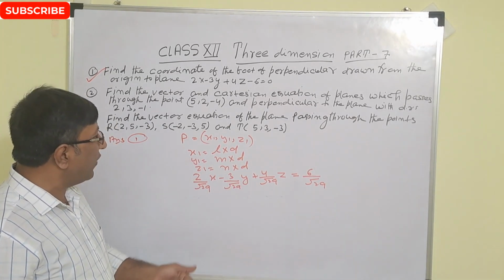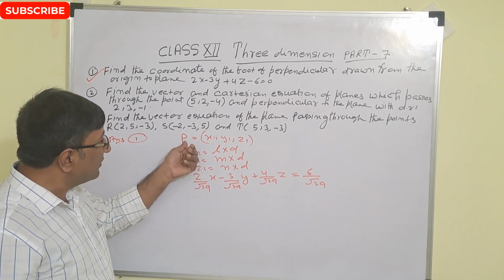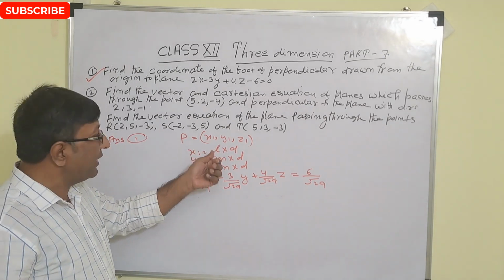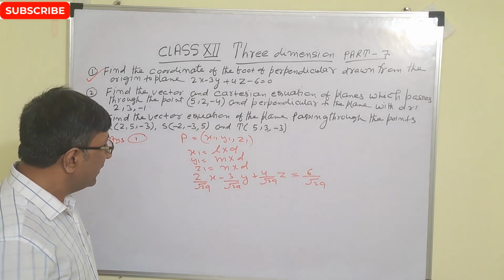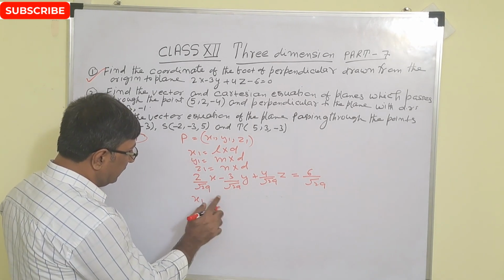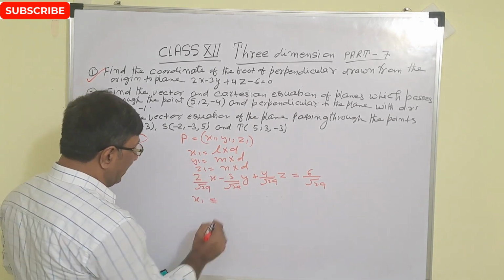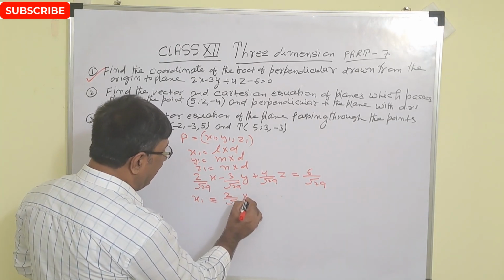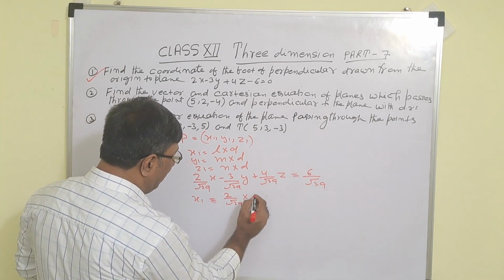Now we find the coordinates of the foot of the perpendicular from the origin, x1, y1, z1. x1 equal to L into D. L is 2 upon root under 29 and D is 6 by root 29.